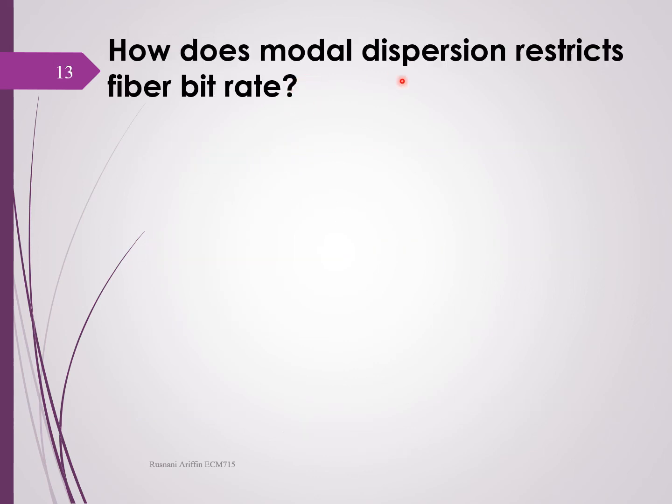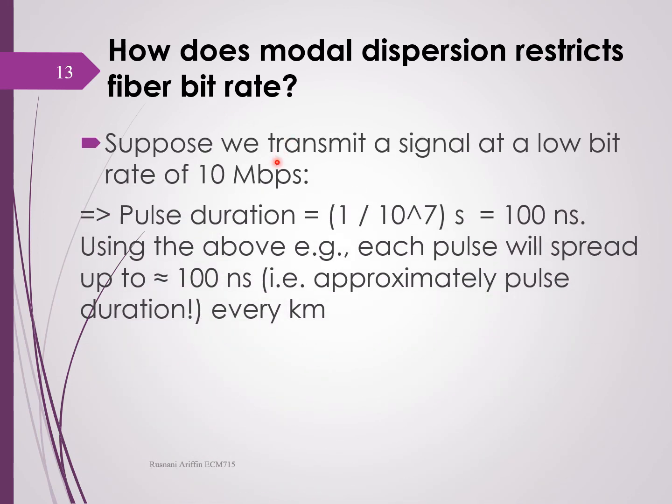How does modal dispersion restrict the fiber bit rate? Suppose we transmit a signal at a low bit rate of 10 megabit per second. The pulse duration must be 1 divided by 10 to the power of 7, which gives 100 nanoseconds. From the above example, each pulse will spread by approximately its pulse duration, 100 nanoseconds, for every kilometer.